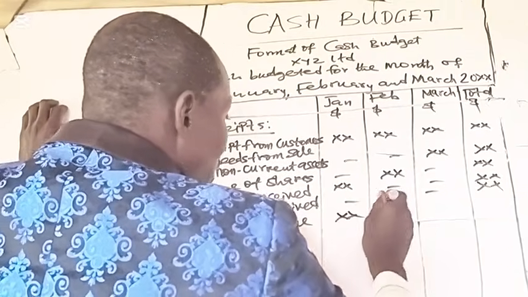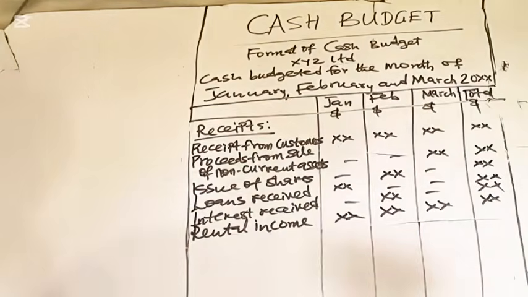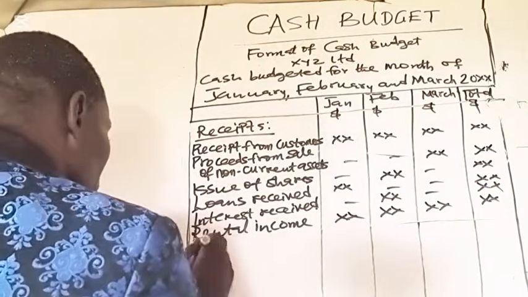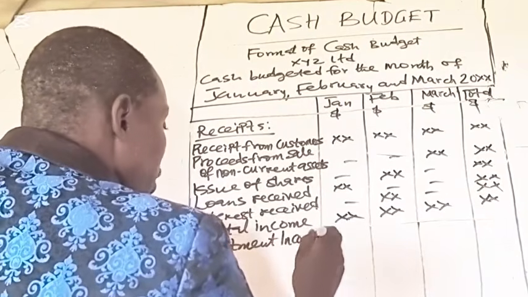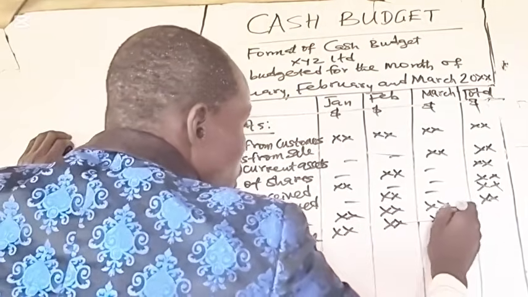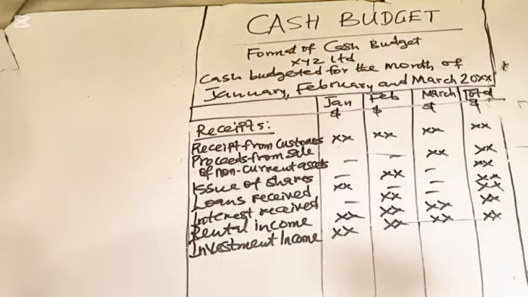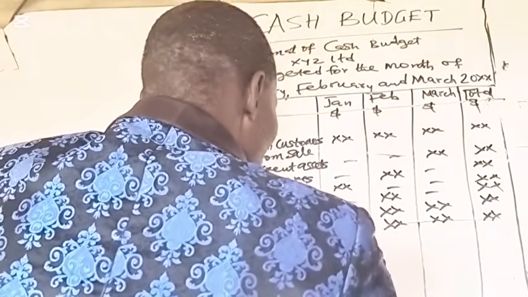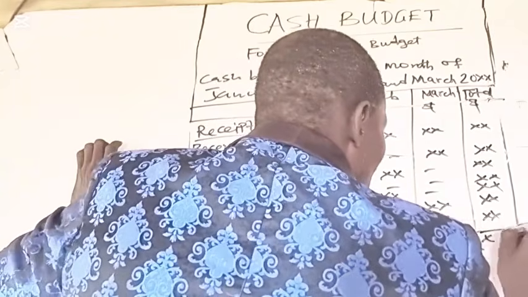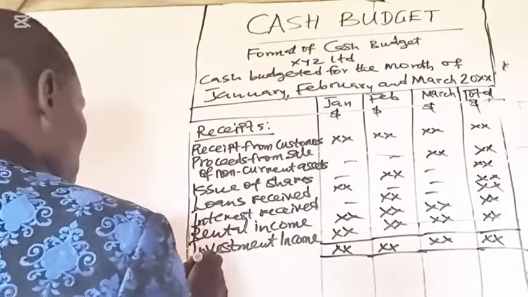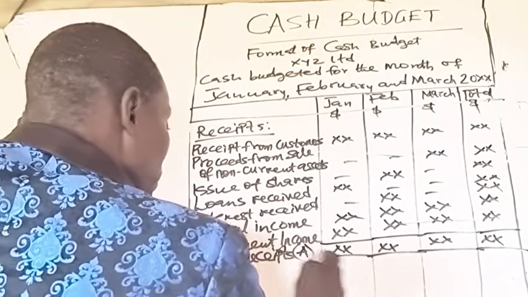The amount received, let's assume it is received on a monthly basis. Then you can have investment income, the amount received on a monthly basis. Then you sum up all the receipts items in order to get the total receipts. Let me have the total receipts as A.